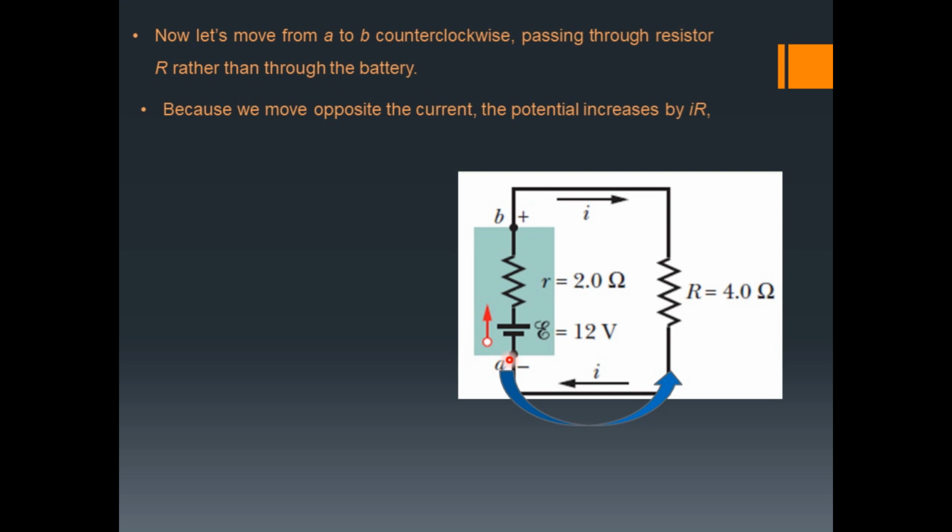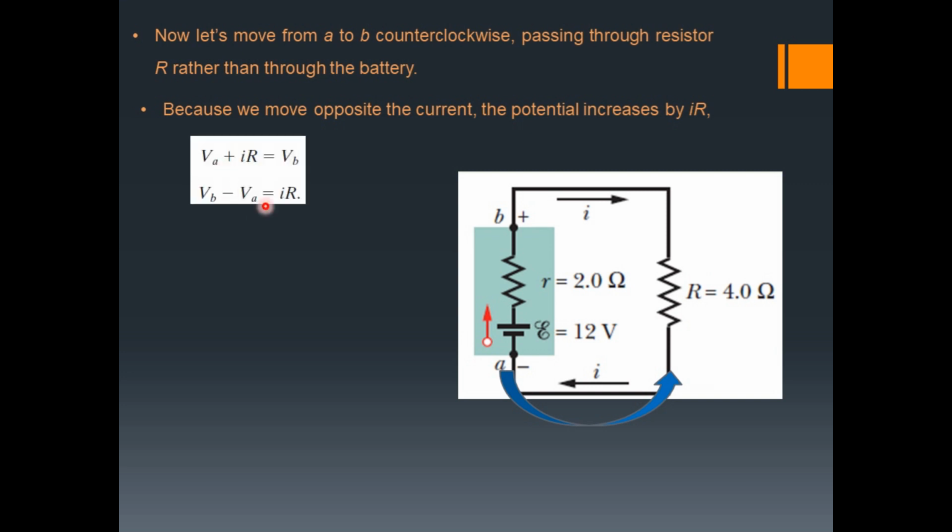If you start from point A and travel in the circuit all the way, when you pass through the R, because you are passing through R in the opposite direction of I, the current I is coming down while you are traveling upward, the voltage doesn't drop, or rather it is added.